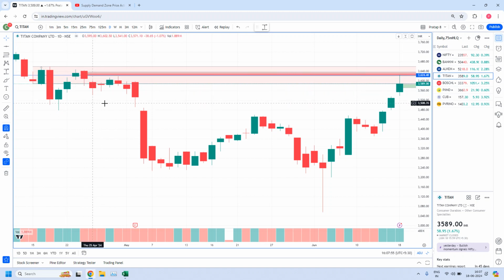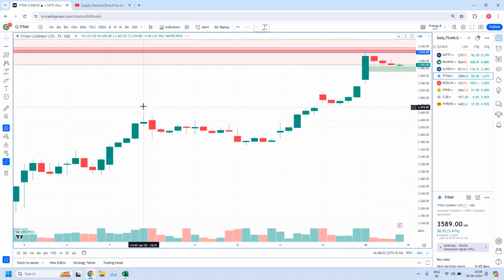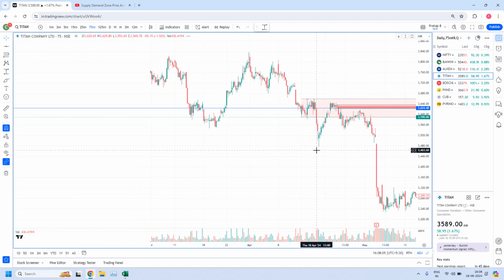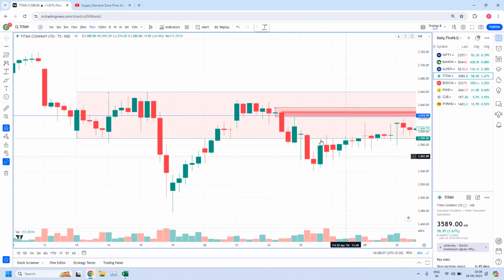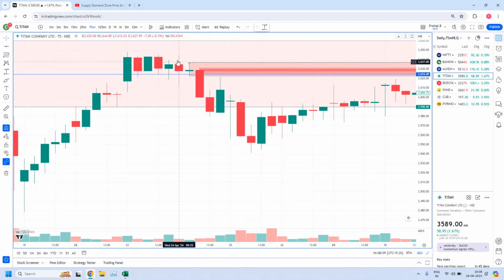First, let me explain how I fine-tuned this zone. Let me go to the 75 minutes time frame. Here we can find an ERC candle as a leg-in, we have a base candle, and then we have a drop candle. This is the 75 minute zone.